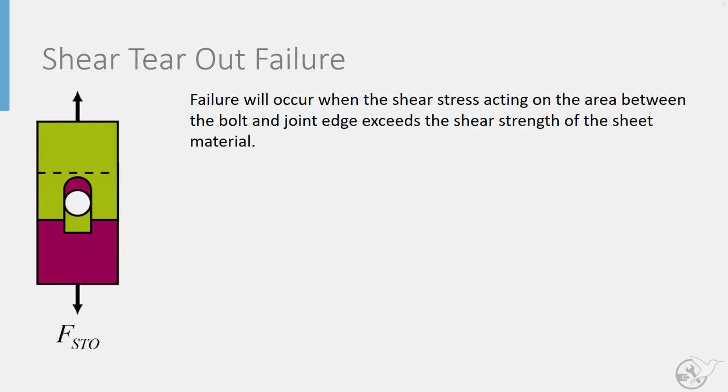Next, we have shear tear-out failure, which is a failure that will occur when the shear stresses acting on the area between the bolt and the joint edge exceeds the shear strength of the sheet material. So the shear tear-out force is the area for shear tear-out times the shear ultimate strength of the material.